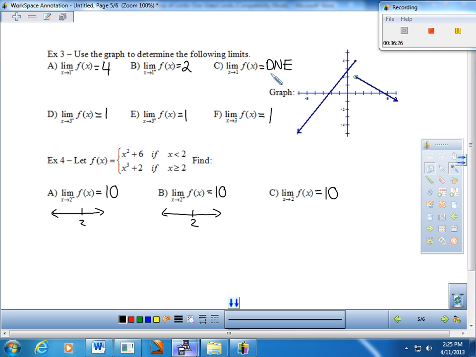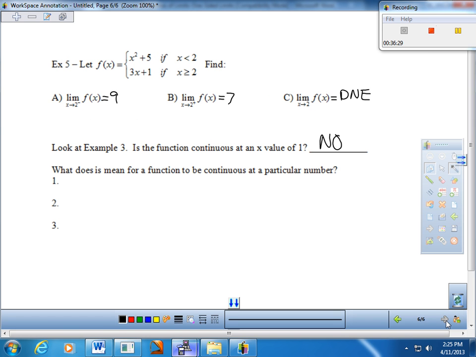So there are three criteria, and I'll be very fast with this piece and wrap this on up. It just says, what does it mean for a function to be continuous at a particular number? So let's go ahead and take a look at it. And these are just things you've been working on really since day one with functions. So in order for it to be continuous at a particular number, it has to be defined at that number.